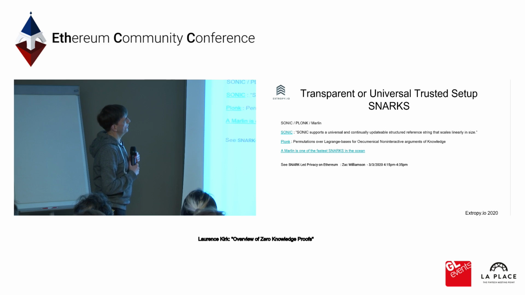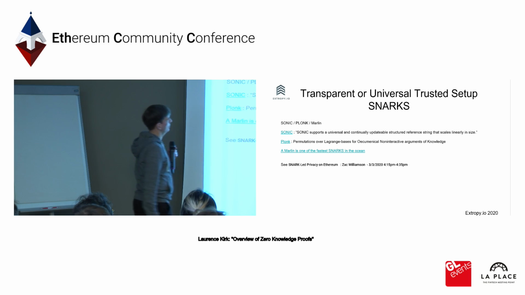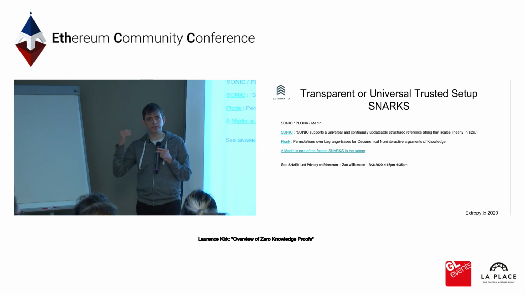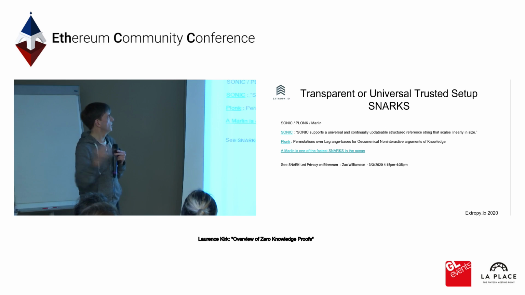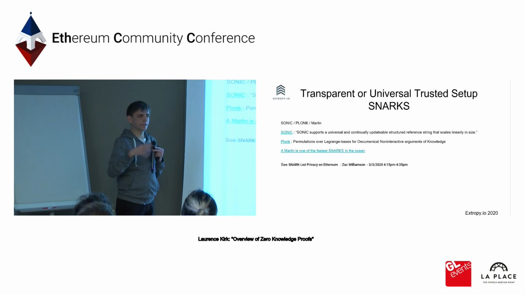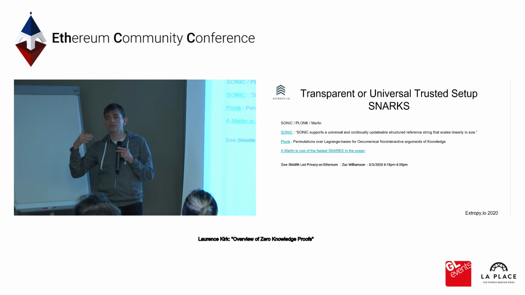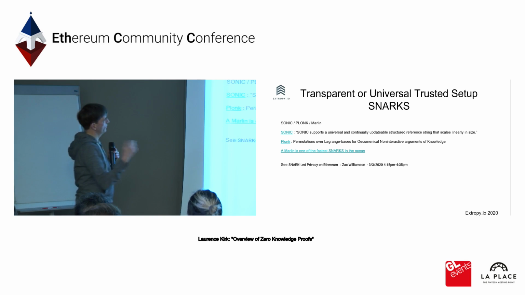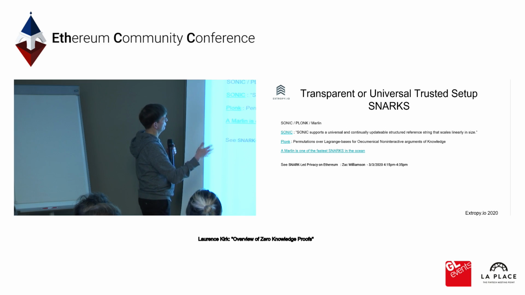Some of the work, particularly in the last year, people have focused on this and tried to find a way of doing a universal setup. These are some of the projects. The idea is that once you've done your trusted setup, you could then potentially change what the algorithm is doing and update it and make it more efficient.